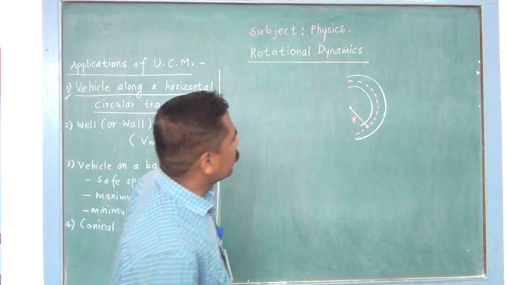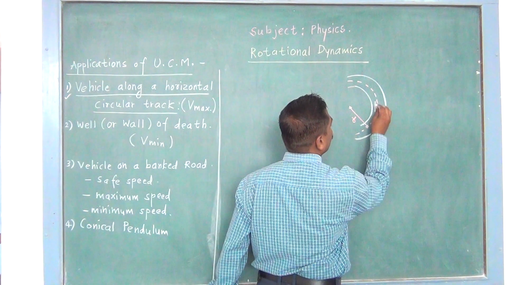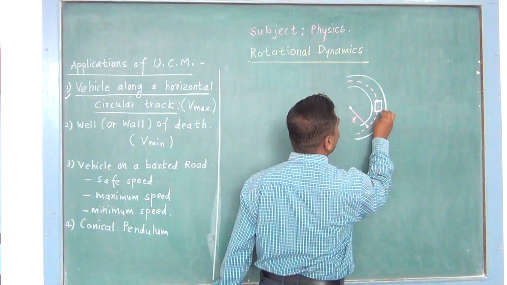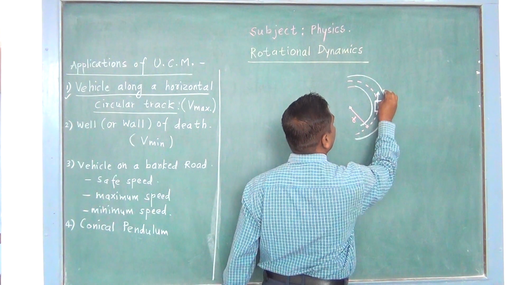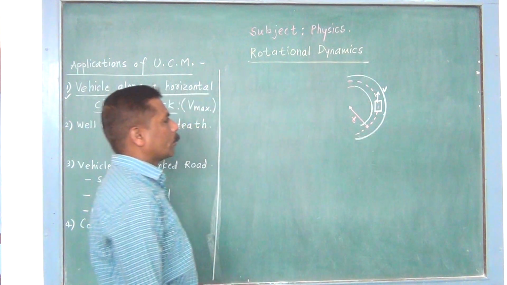Our vehicle is considered here, and this vehicle is moving along this circular track.